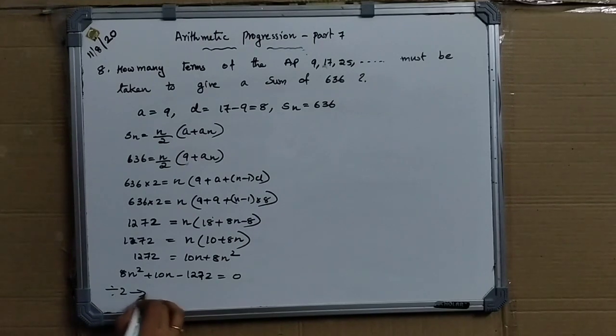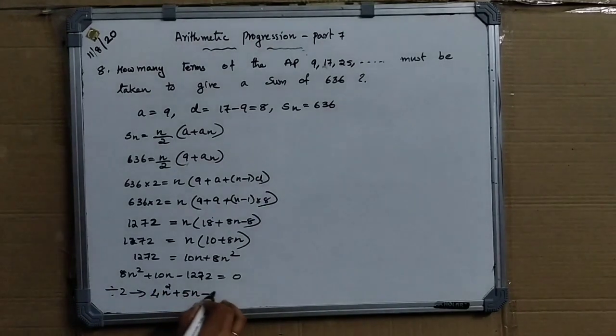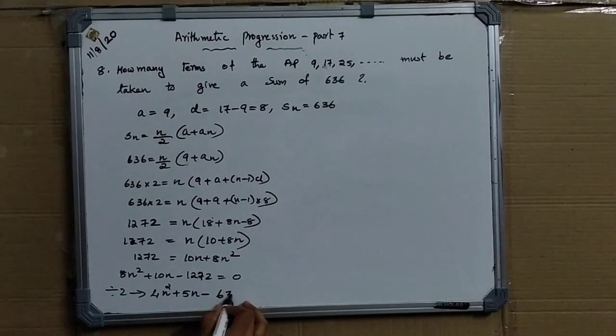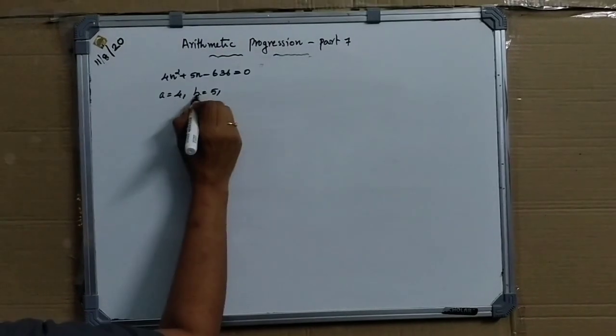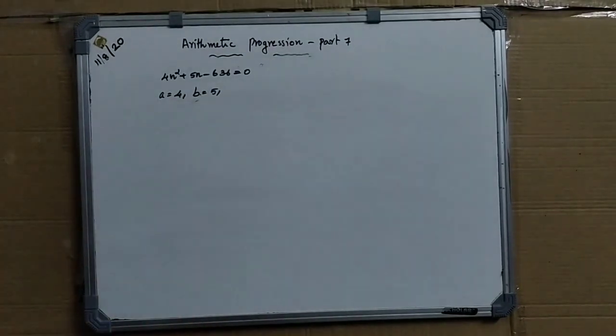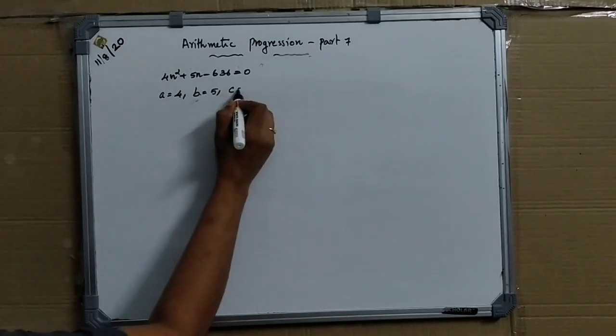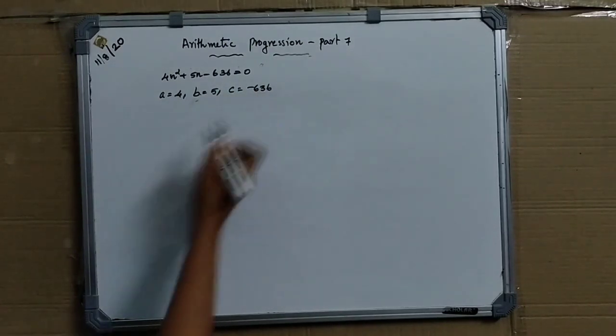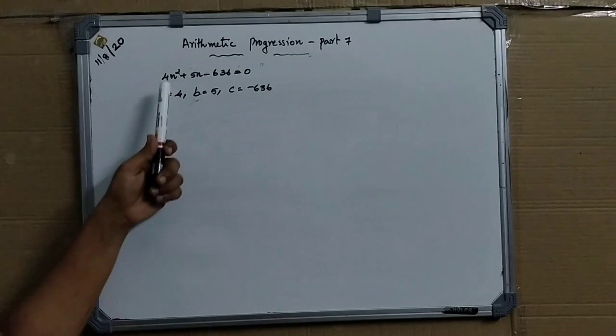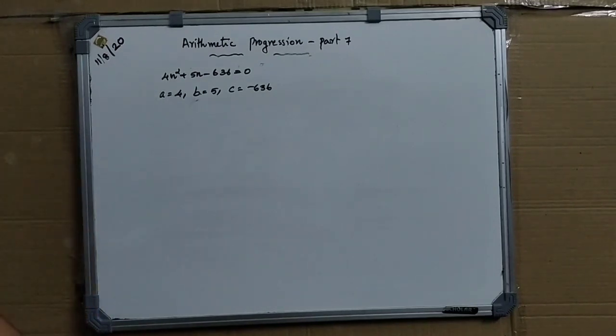Dividing by 2 we get 4n square plus 5n minus 636 equals 0. Now we can apply the quadratic formula here.